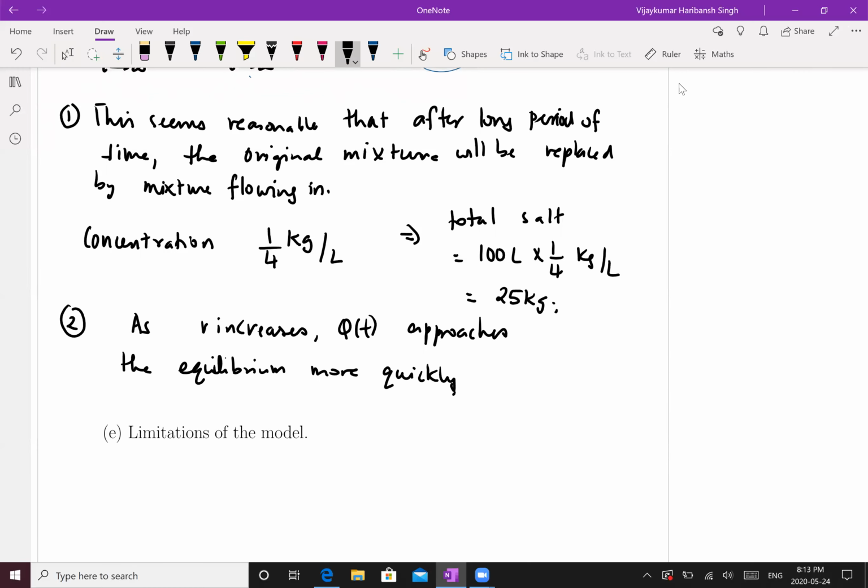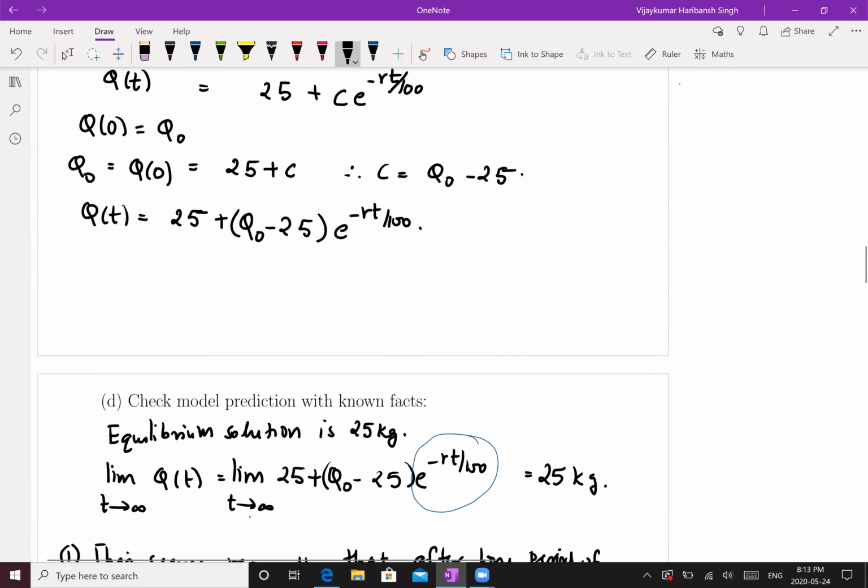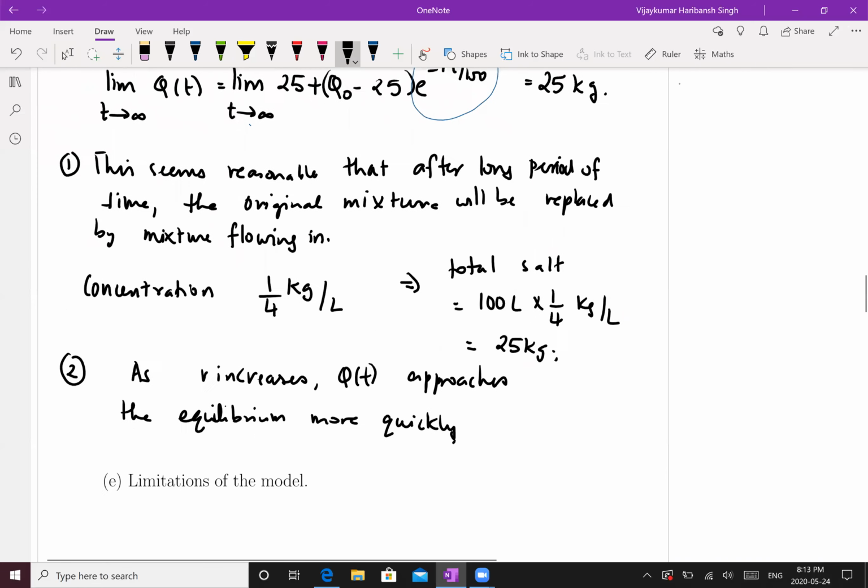This matches with our intuition, right? The greater the rate at which the salted water is flowing in, the quicker the replacement of the existing mixture with the mixture of water and salt of incoming concentration. So this agrees with our intuition.